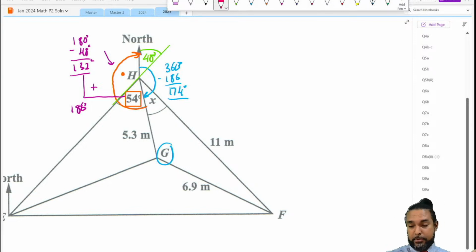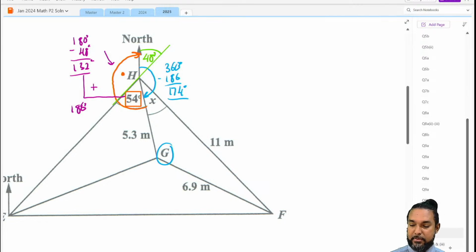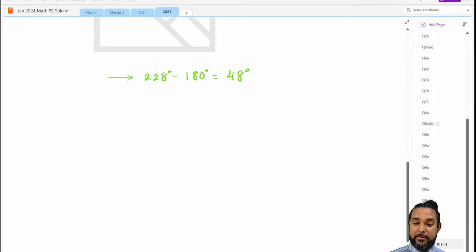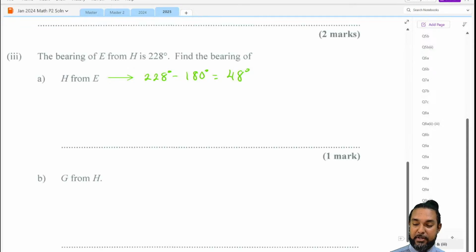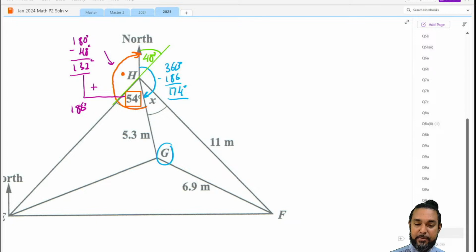All right. Okay. So yeah, I'm trying to see if there were any other easier ways to do this. Nothing really popping off, to be honest. If anybody has any suggestions, please feel free to let me know. And that's one mark, eh? G from H. Yeah, that's that angle there.